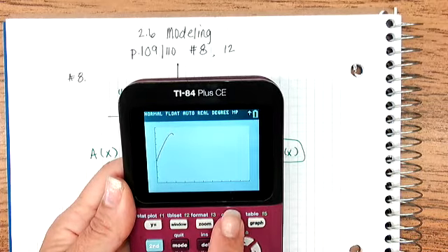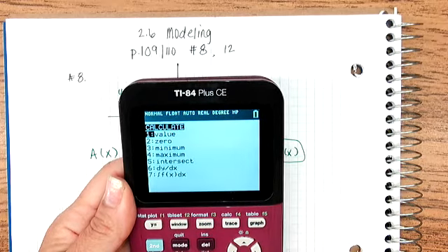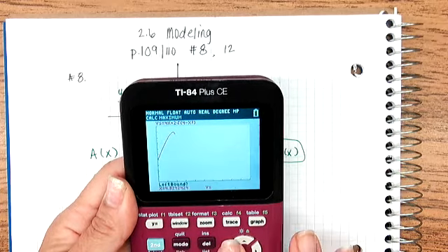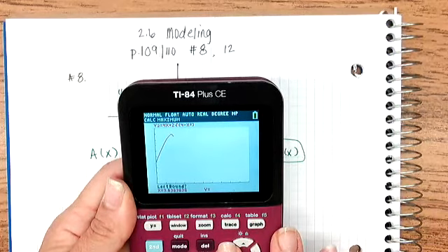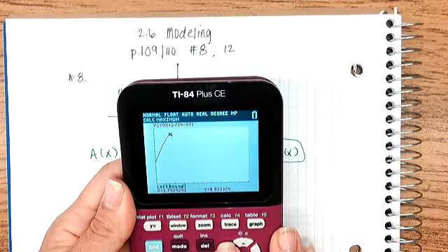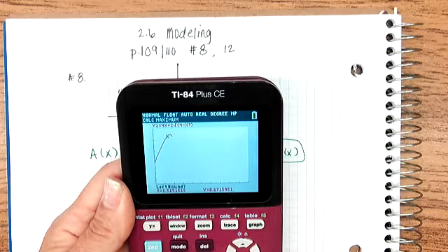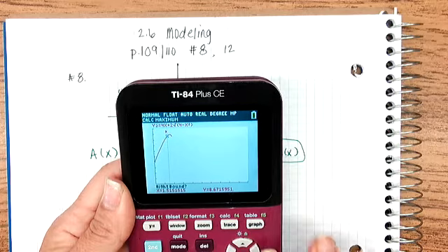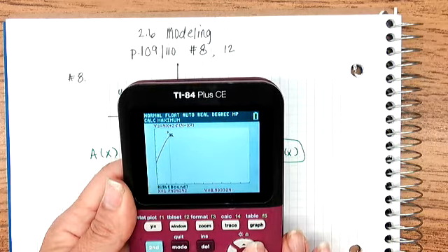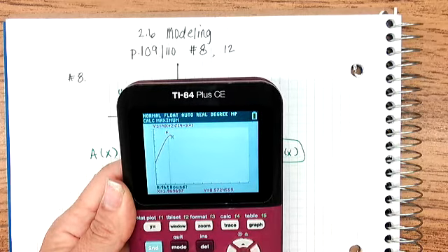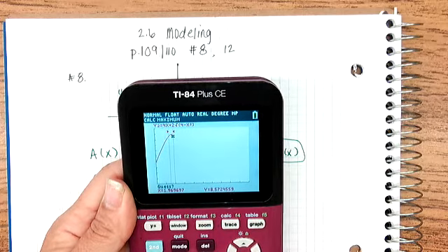So second trace number 4. And all I'm doing is pushing the left arrow key. There it is. I pushed the left arrow key until that cursor came up. Enter. There's my left bound. Enter for my right bound.